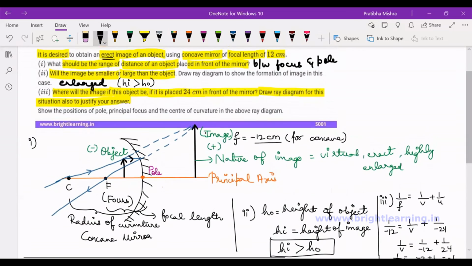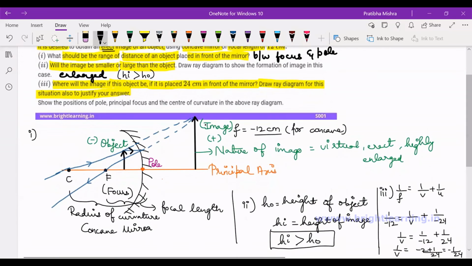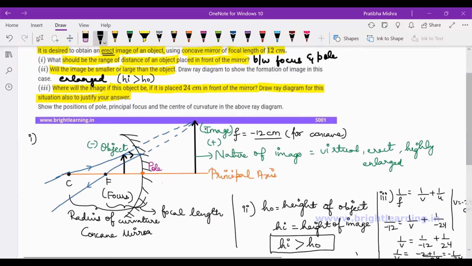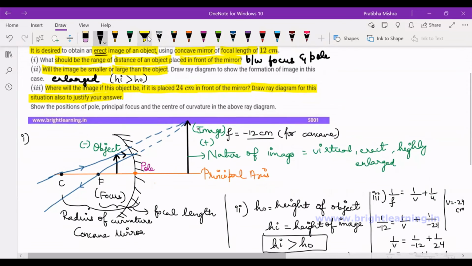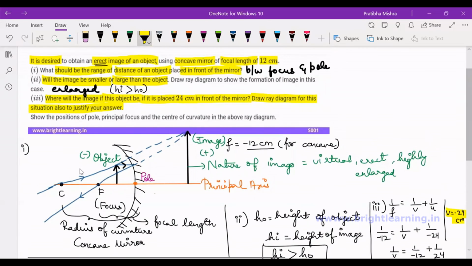So what you can do here is, you can just say that your V will actually be equal to nothing but a minus 24 centimeters. So if it is a minus 24 centimeter, it means that the image that will be formed, it will be in front of the mirror, and this image is going to be real in nature.